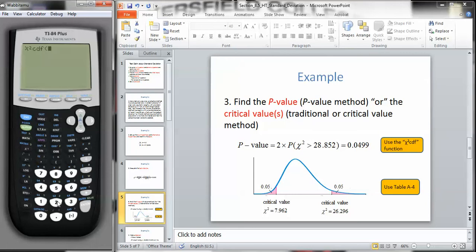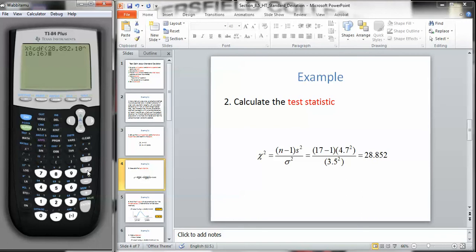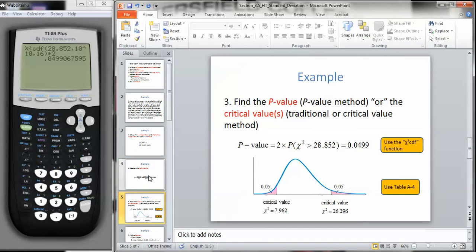In this case, the lower bound is 28.852, and the upper bound will be 10 to the power of 10. Our sample size is 17, so degrees of freedom is 17 minus 1, which is 16. So we put 16 here. And then just double that, multiply it by 2. This will then be your p-value for this problem.